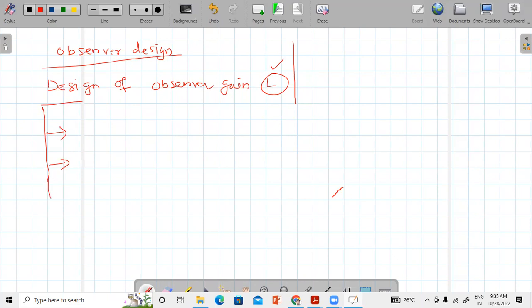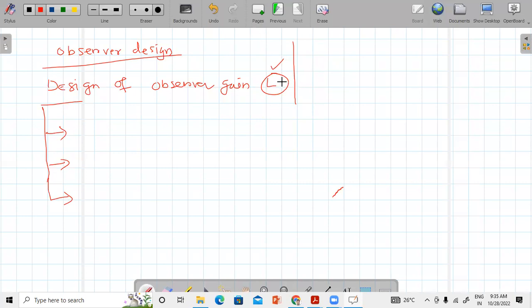Can anyone tell me what are these three methods? What can be the three methods to design this L? Anyone? Umesh?